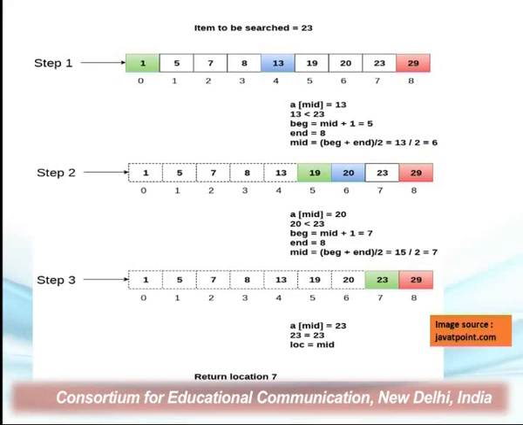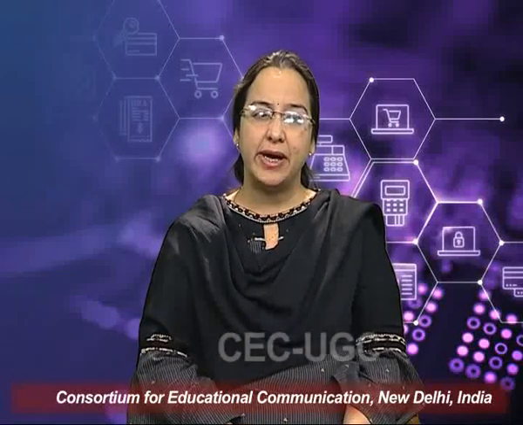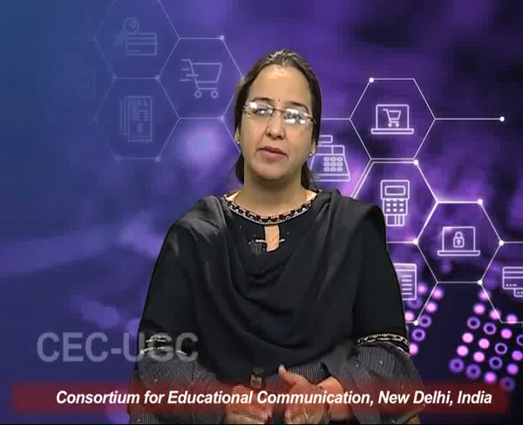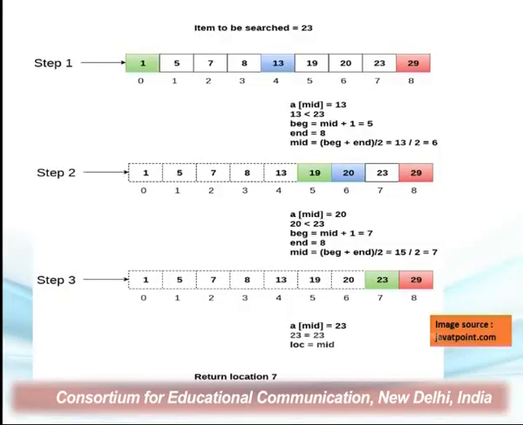Fine. But if the mid value is not the value we are looking for, then we need to decide whether the value we are looking for is less than or greater than the mid element. If it is less than the mid element, then we look in the first half of the array because our list is sorted. If it is greater than the mid element, we will look in the next step only in the right half of the array.